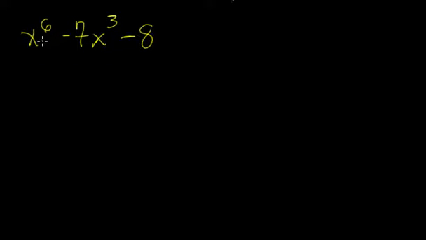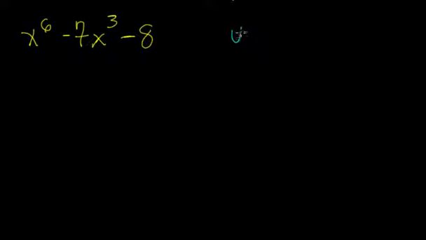But notice how x to the sixth, x to the third, well, we're used to seeing x squared and x. Well, can I make this look like that? So I'm going to do a little trick here called U substitution.